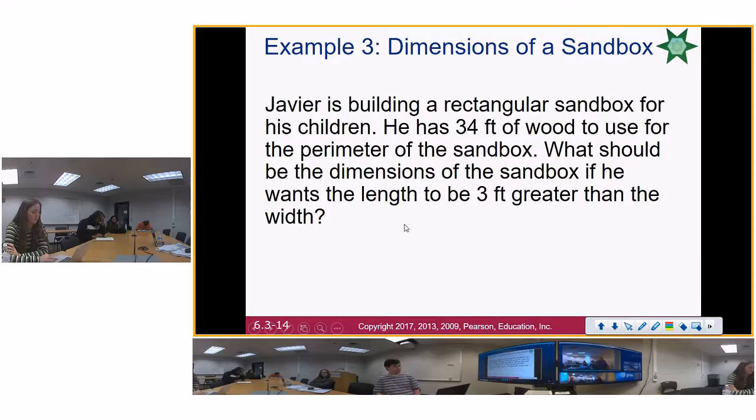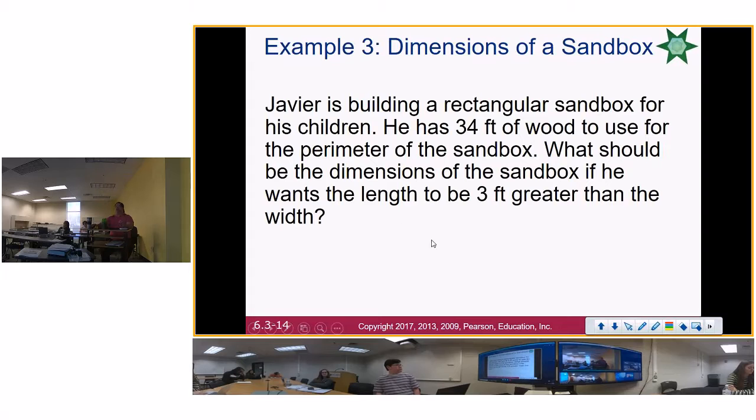Whatever his name is, that's Javier, is building a rectangular sandbox for his children. Oh, isn't he nice? He has 34 feet of wood to use. That means he's got a perimeter of 34 feet.